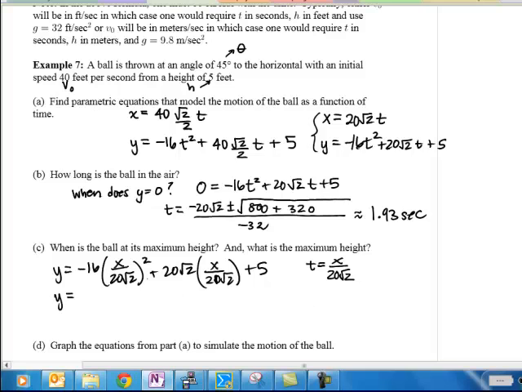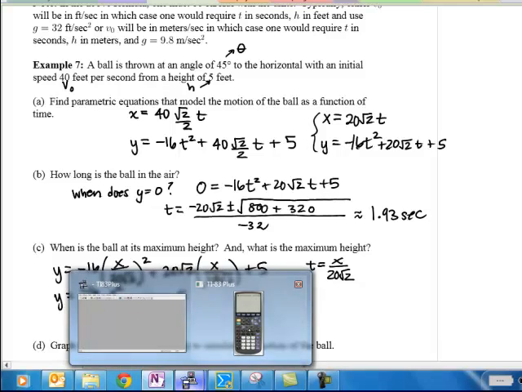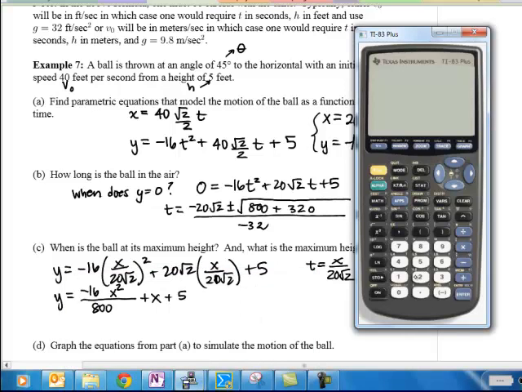So y is equal to, let's see, negative 16x squared over 800 plus x plus 5. 16 over 800 we can reduce. That's 0.02, so 1/50th.